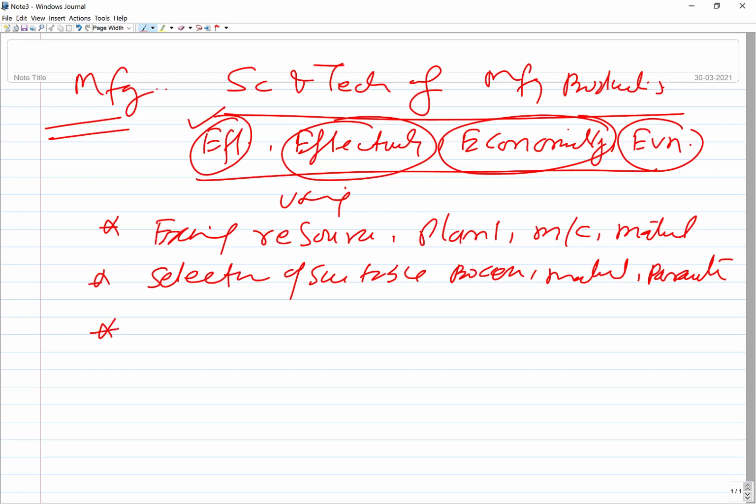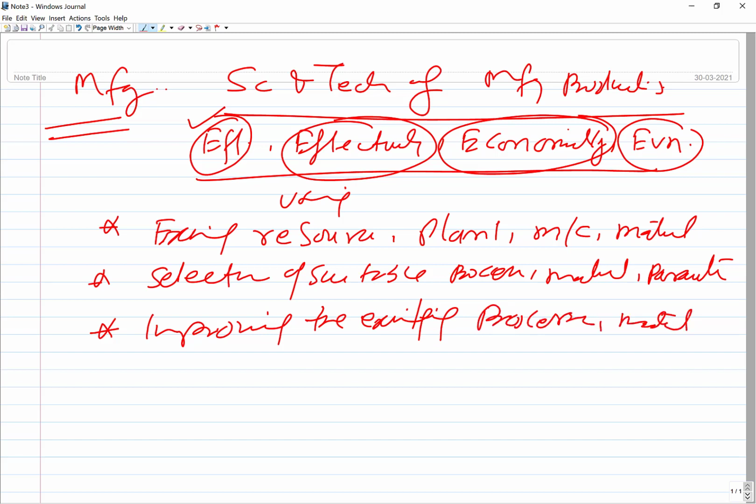At the same time, the manufacturing process, which is basically the science and technology of manufacturing the goods, also involves improving the existing processes and materials.